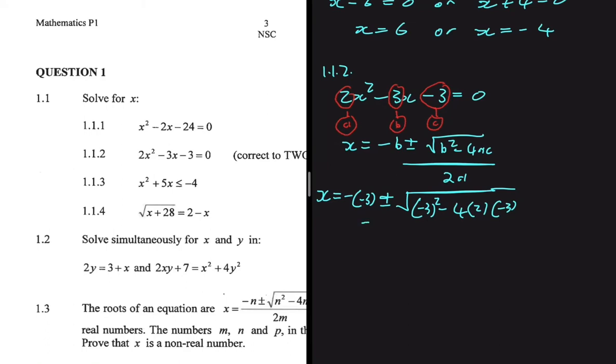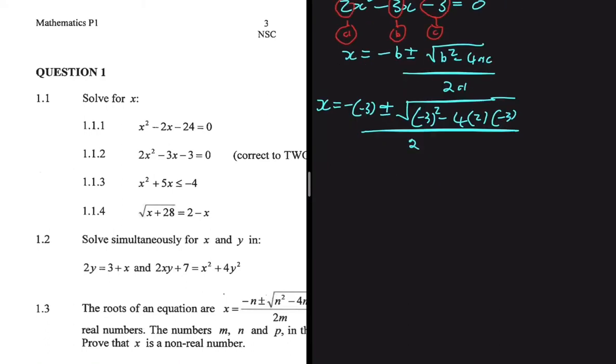And then we divide everything by 2 multiplied by 2. So x is going to be equal to minus multiplied by minus 3. That will just give us 3, right? And then plus or minus the square root of 33, right? If you put that in your calculator, and then everything divided by 4.